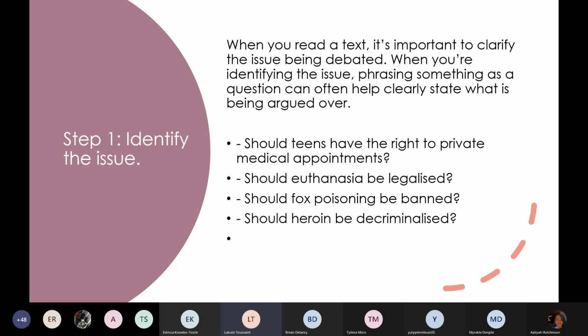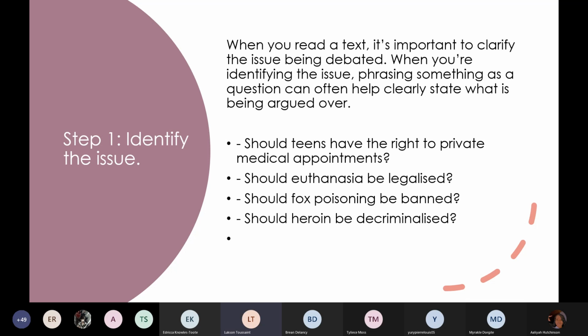So one of the first things that you want to do is identify what the main issue or concern is. And it's always best, when you're trying to identify the main issue or concern, to phrase that into a question. That can help you to really understand what is being argued over.